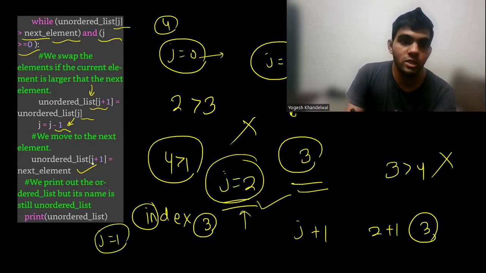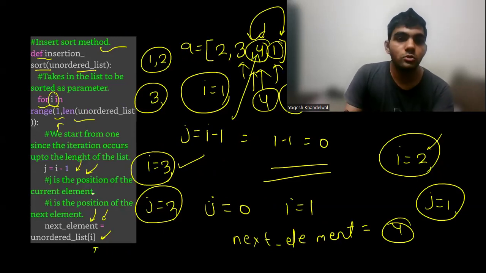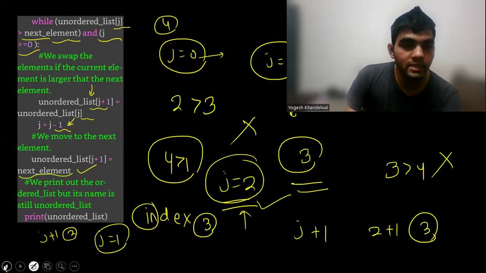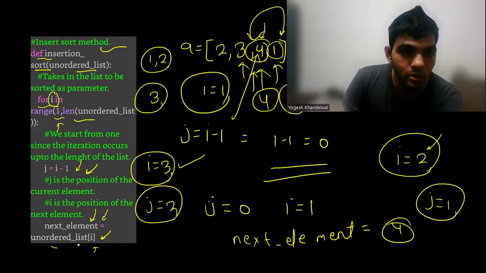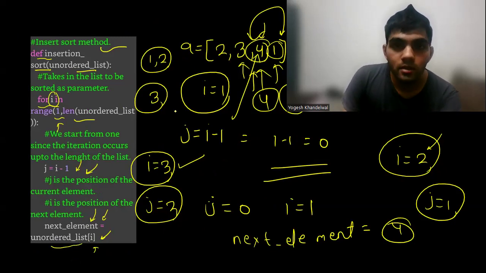Then unordered list of j plus 1, j plus 1 means 2. So unordered list of 2 means we are talking about this element 4. So this element will become the next element. So what is the next element? Next element is unordered list of i, and in this case i is equal to 3.